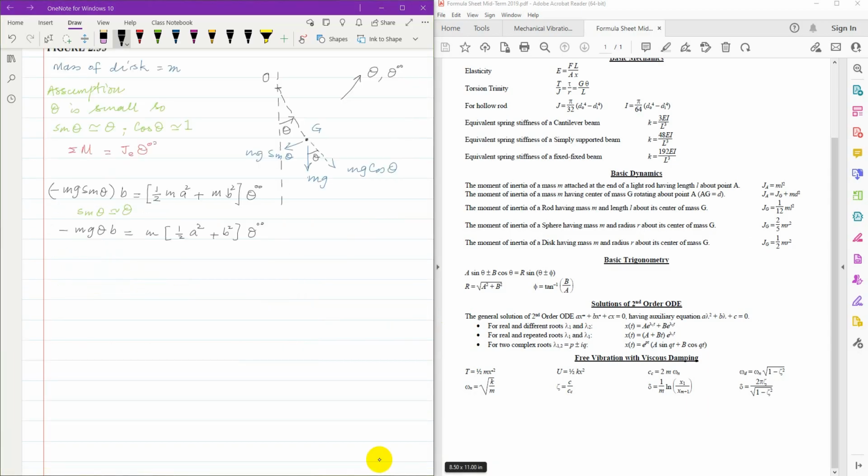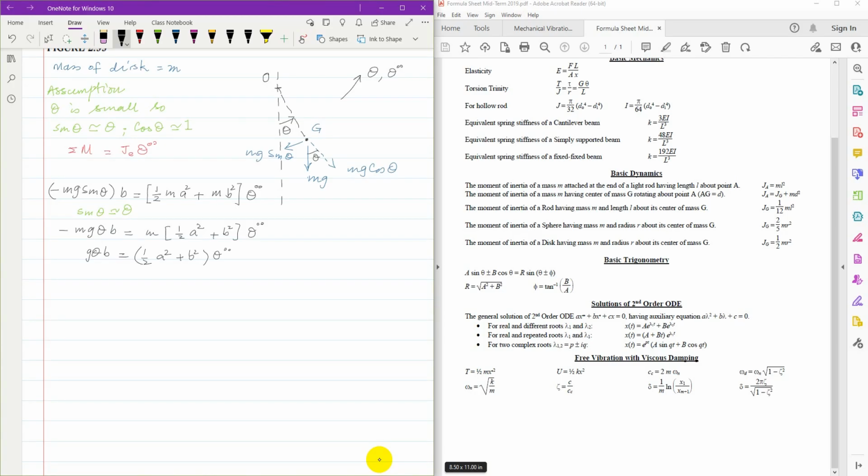Now assuming sine theta is nearly equal to theta, I can replace sine theta with theta. So minus m g theta b is equal to m times half a squared plus b squared, times theta double dot. I can cancel m with m, so I get g theta b equals half a squared plus b squared into theta double dot.